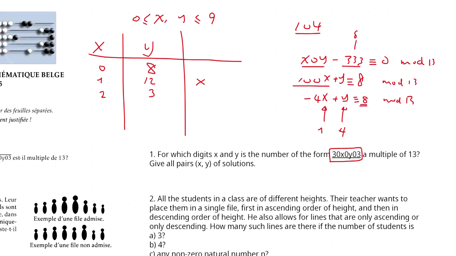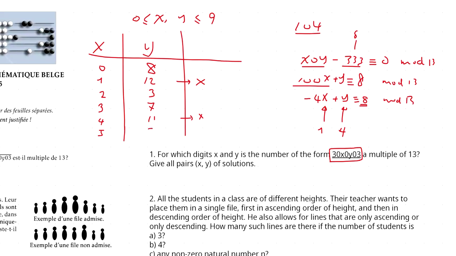And when x is 3, just add 4. So we have 3 and 7. And when x is 4, plus 4 again gives you 11. But 11 is not a good one because 11 is bigger than 9. And x equals 5 gives us y equal to 15, but 15 modulo 13 gives us y is 2.